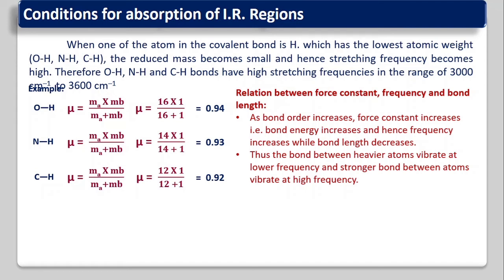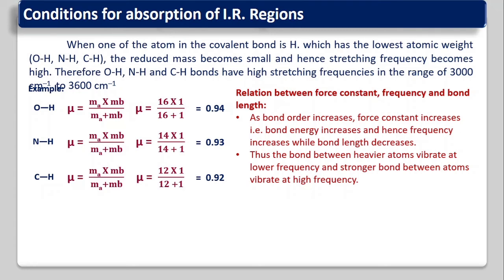As we know, the strength of the bond depends upon the bond length. If the bond length is short, the strength of the bond is high. As the bond length decreases, the bond becomes stronger. If the bond becomes stronger, the force constant is high. If the force constant is high, then it absorbs at higher frequency.